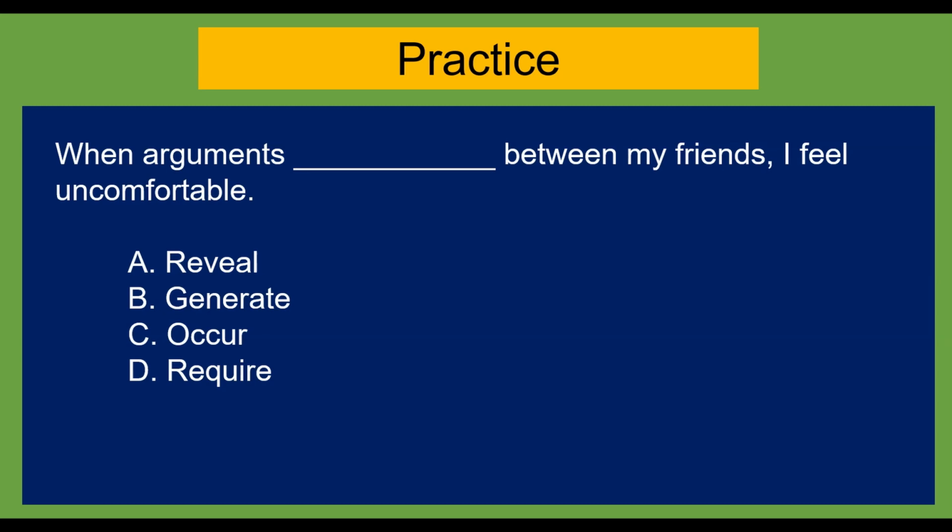The best answer for this one is occur, which means to happen. Generate means create or make, which doesn't really make sense here. Reveal means to show, and require means need. So none of the other ones really would work in this situation.